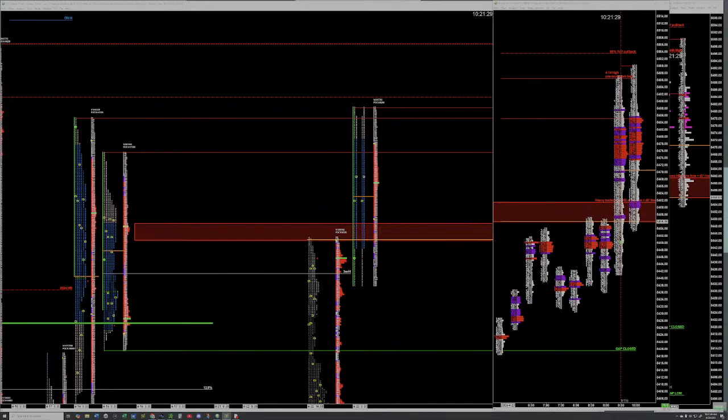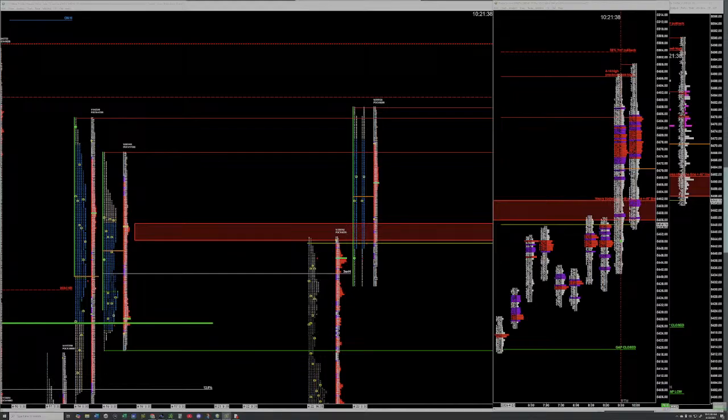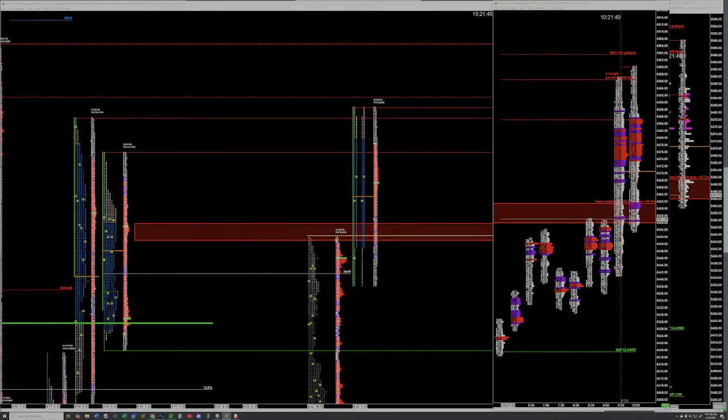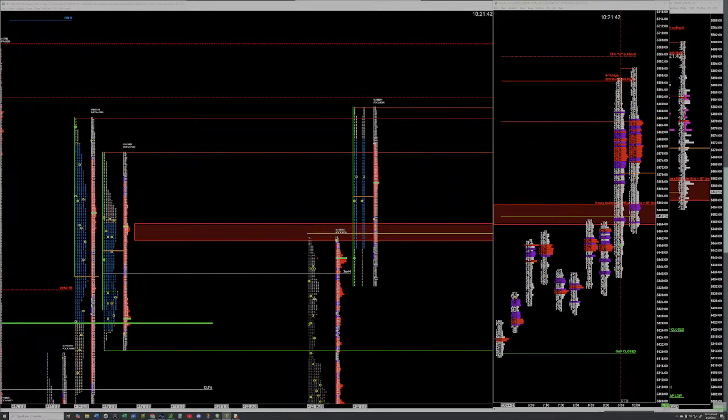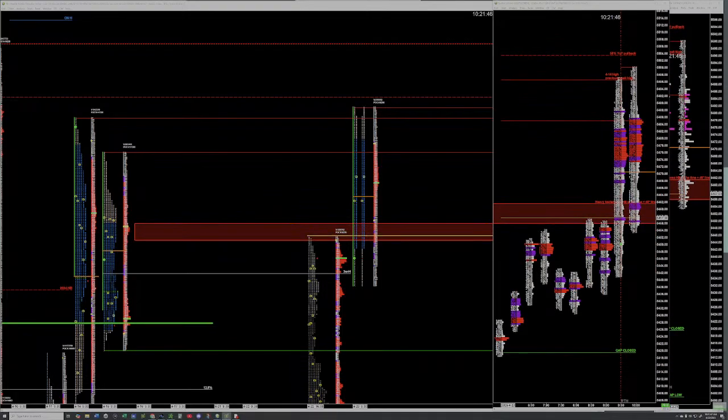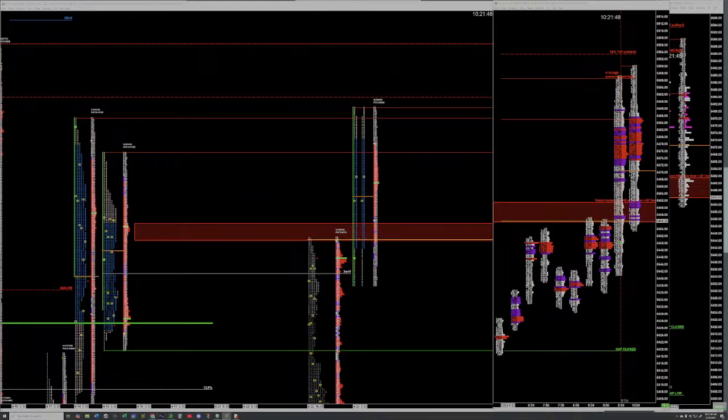There can be a sharp upside here. If this one doesn't have downside continuation, there can be a sharp upside.